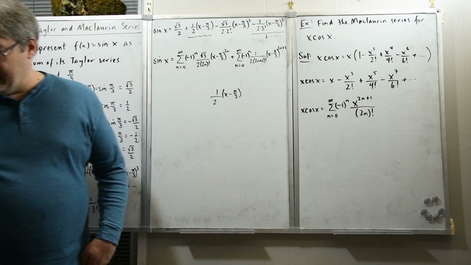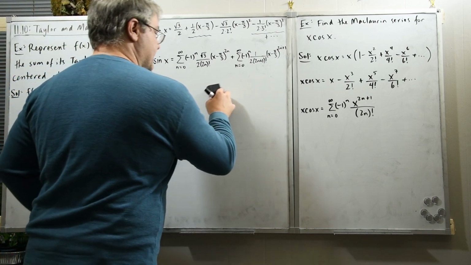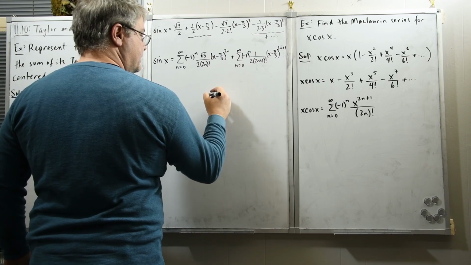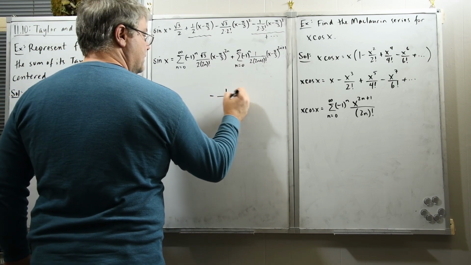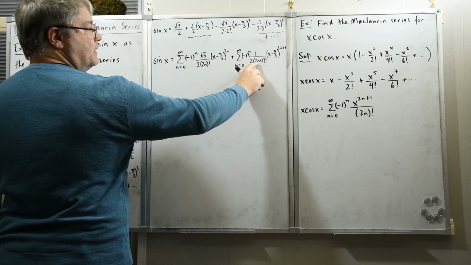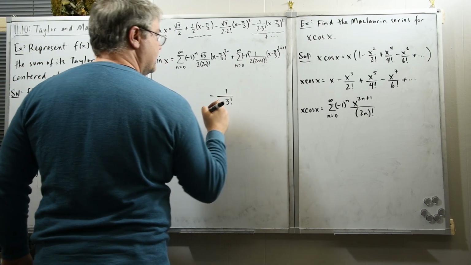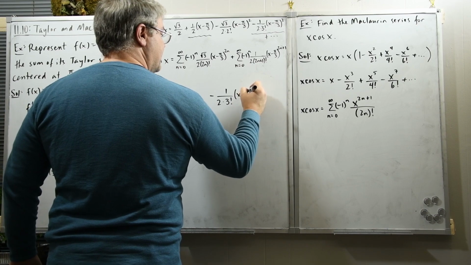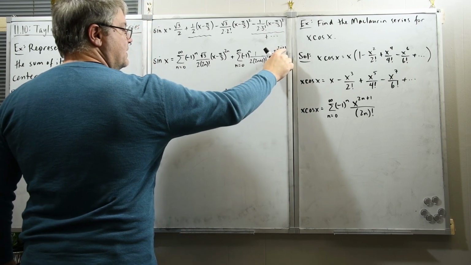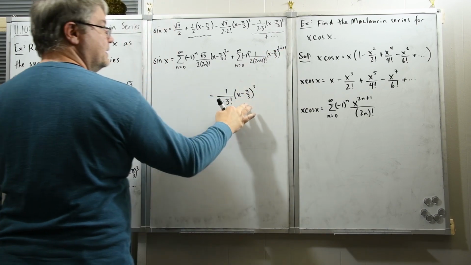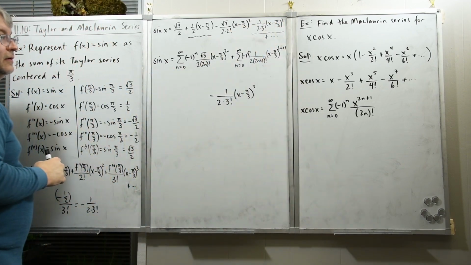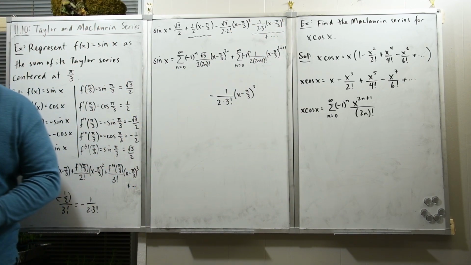And if you have n equals 1, negative 1 to the first gives you negative 1. 1 over 2 times, 2 times 1 gives you 2, plus 1 gives you 3. So 2 times 3 factorial. Times x minus pi over 3 raised to the 2 times 1 plus 1, raised to the third. This matches up with that. And they'll continue to match up as you increase n.